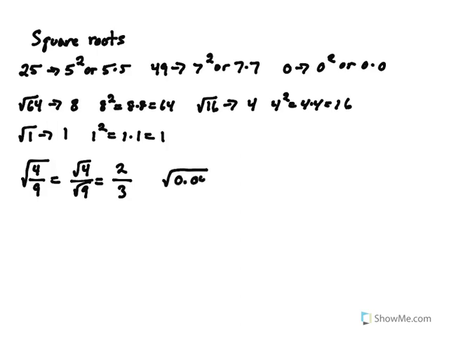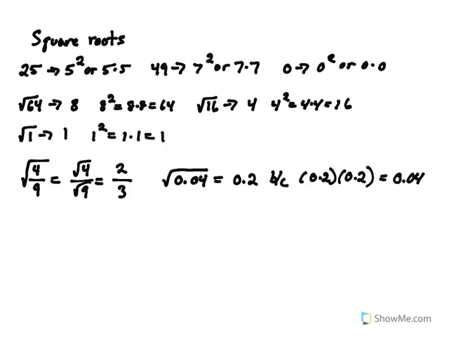The square root of 0.04 equals 0.2, because 0.2 times 0.2 will in fact give me 0.04. So as long as you're multiplying that quantity by itself, you should get the perfect square right back.